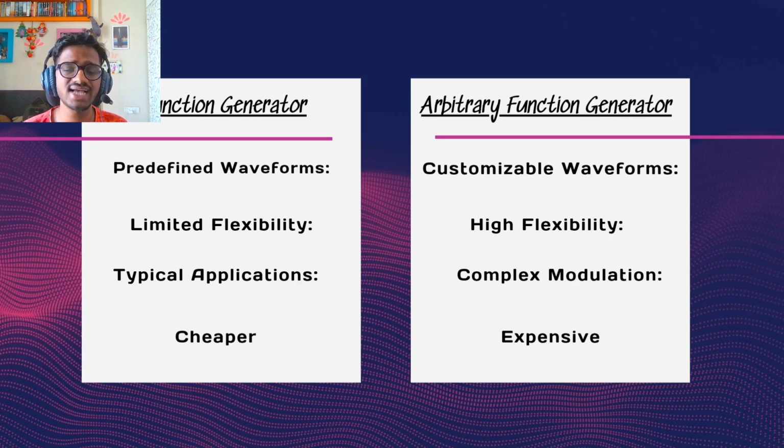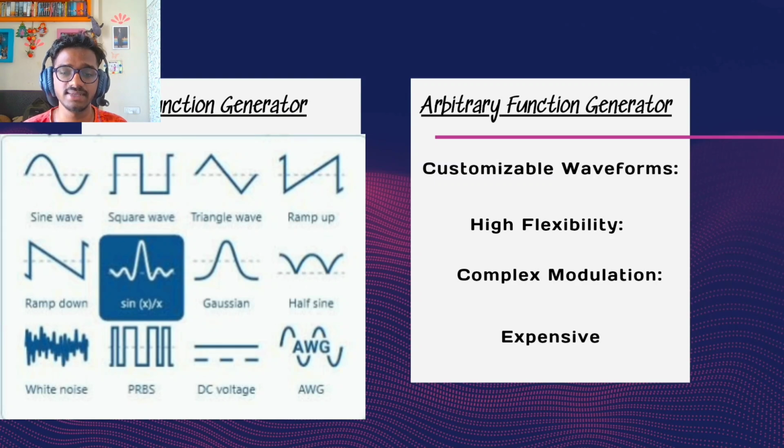The function generator has limited flexibility, which means that it is only limited to predefined waveforms and specific modulation options, whereas the arbitrary function generator provides extensive flexibility in waveform creation, modulation, and manipulation.